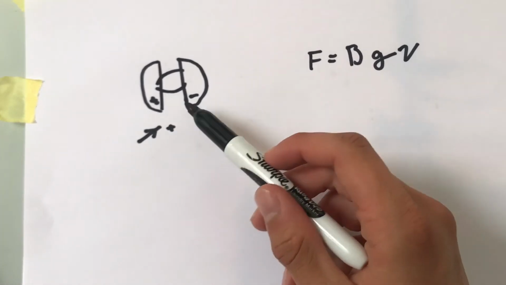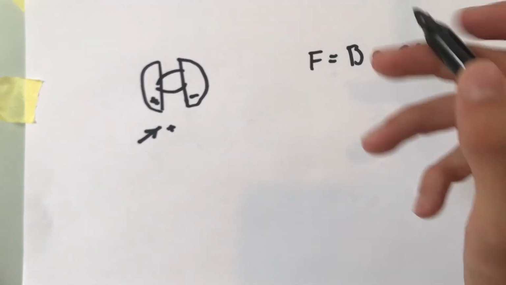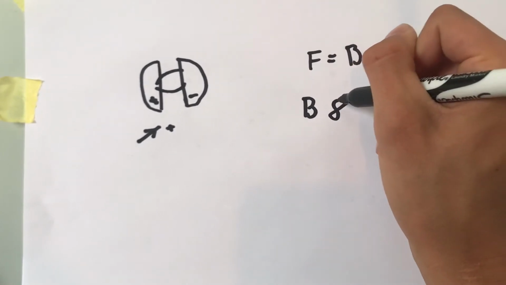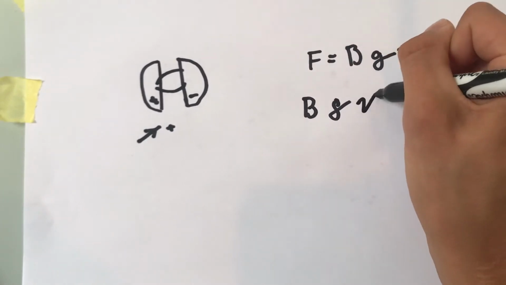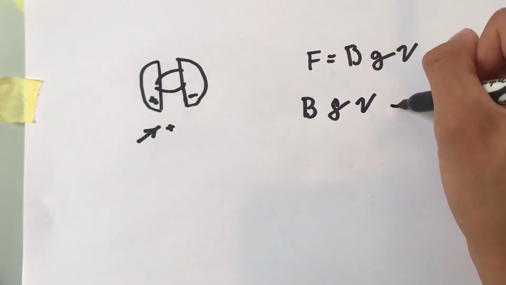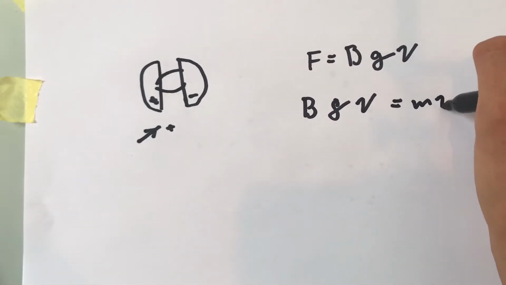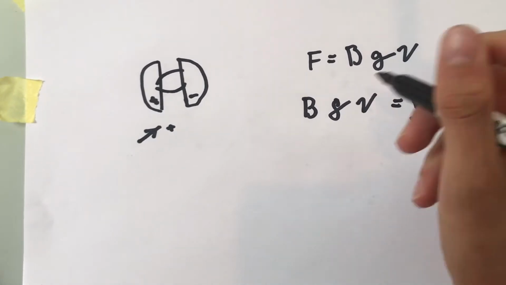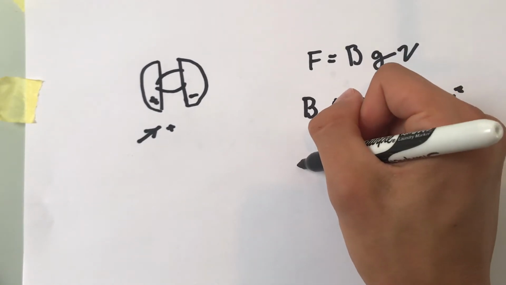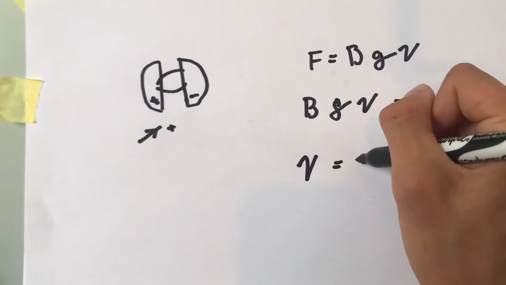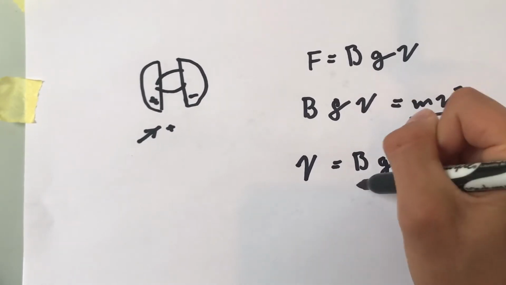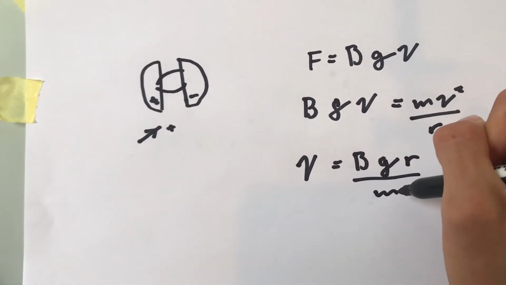Since this particle moves in a circular motion, you can then simply say that B times Q times V should be equal to m v squared over r. Which, if you rearrange this formula, you will find that V is simply B Q R over M.